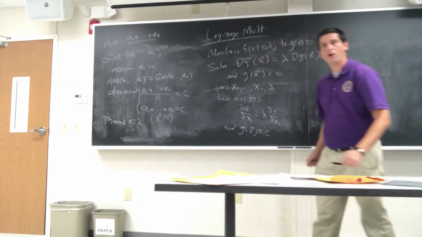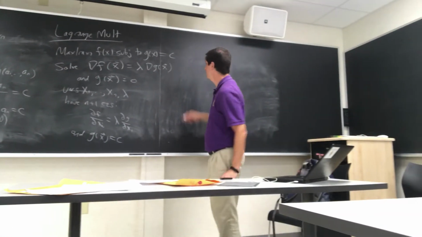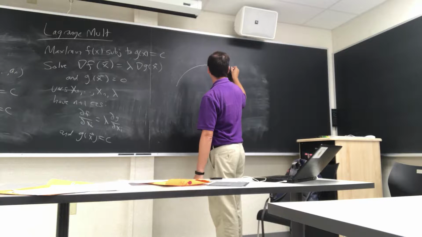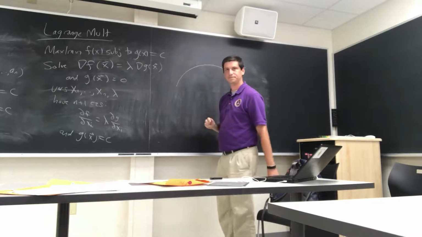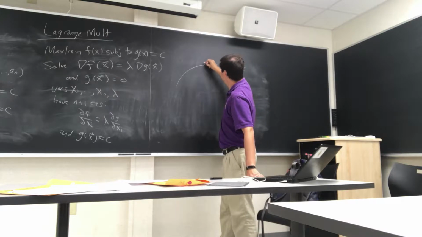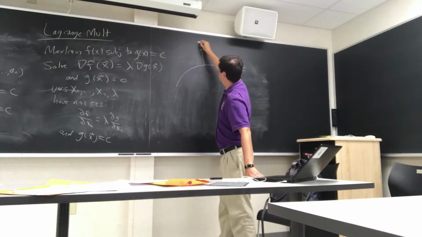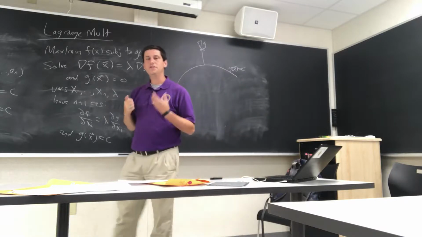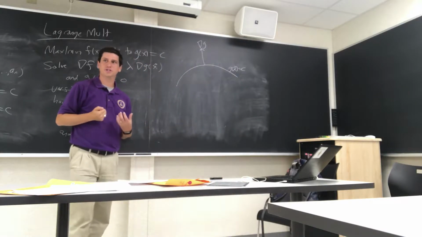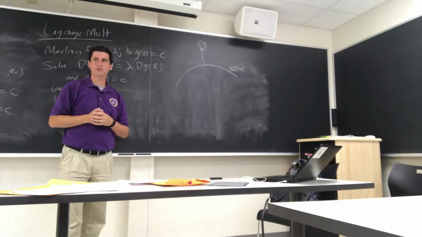The question then becomes, why does the procedure work? So imagine here's our surface, g of x equals c. And I need a little bit of calculus knowledge. So here's the gradient of g. I need that the gradient of g is normal to the surface. It's the direction that is perpendicular. Is everybody comfortable with that from Calc 3?